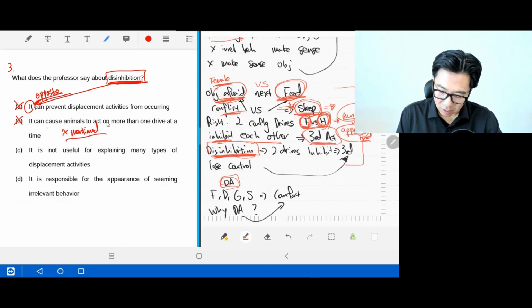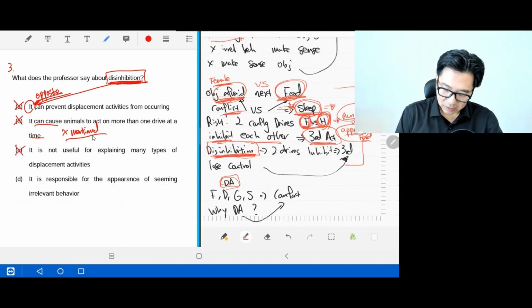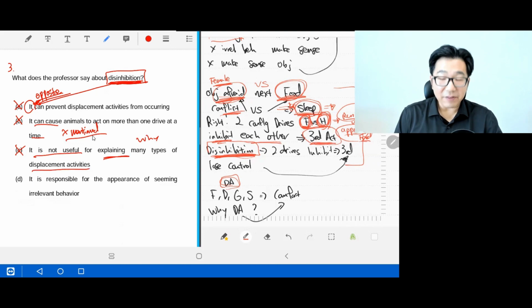Okay, completely wrong to what we're looking for. C, it is not useful for explaining many types of displacement activity. I mean, I don't even know what this means. It is useful for explaining why displacement activity happens. That's the right answer. So not useful is wrong.